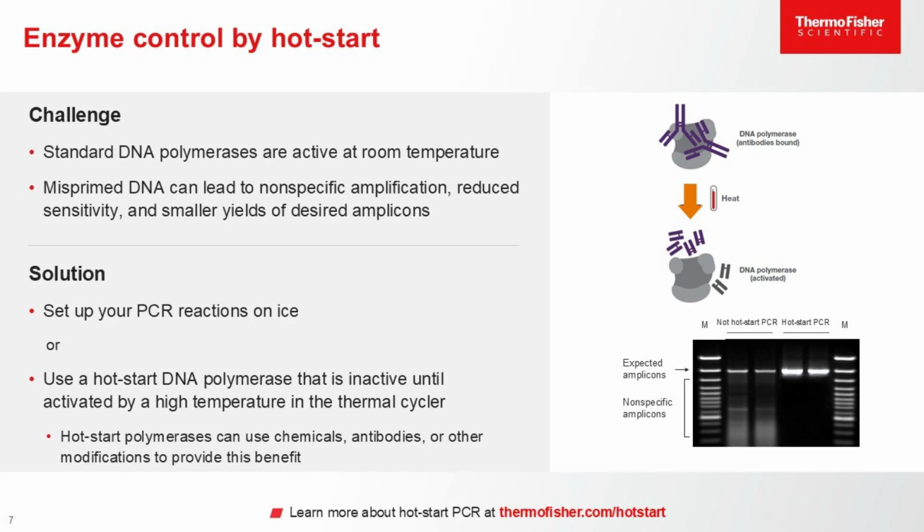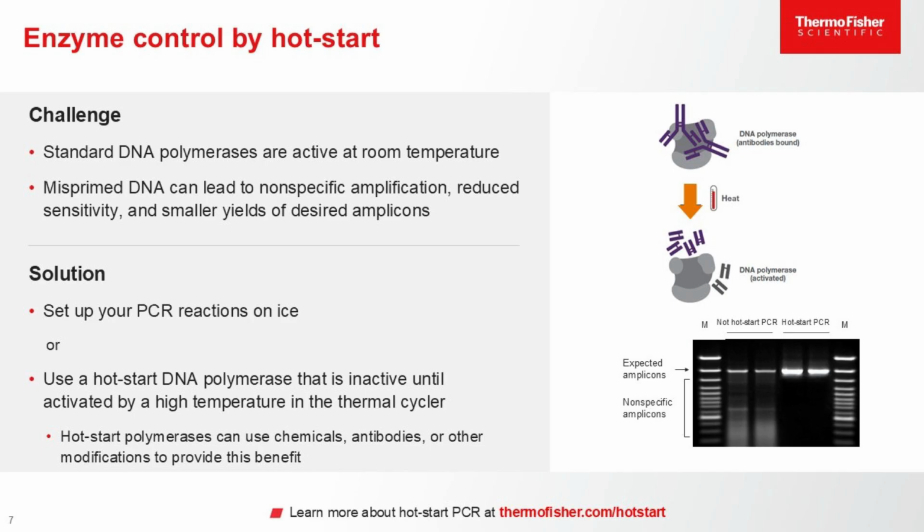Of course, you can set up the reaction on ice, which will chill the polymerase and lower its activity, but can't deactivate it fully. A better approach is using a hot start enzyme, which is modified to be inactive at room temperature, typically by antibody, chemical modification, or aptamer.